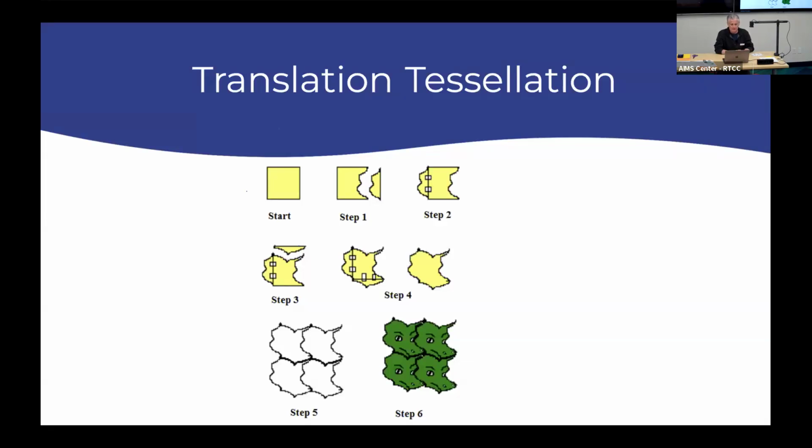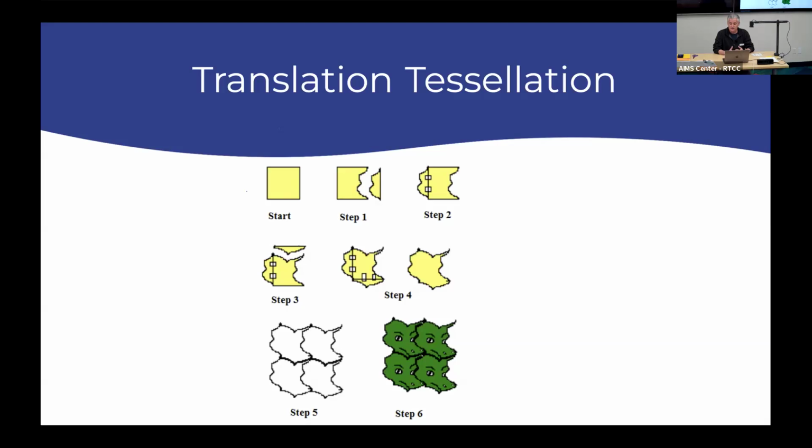Then you cut another piece out of the top side of that square, and move it all the way across to the opposite side and tape it into place. That translates those pieces across and creates a tessellation tile that will tessellate with itself.